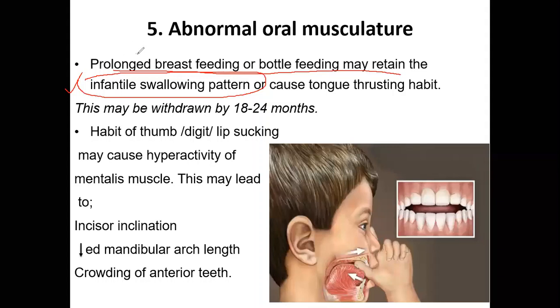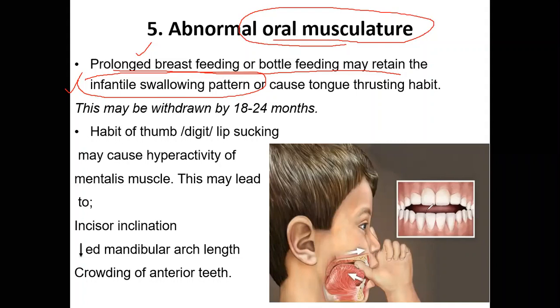The prolonged feeding habit via breast or via bottle will not allow a switch from infantile swallow to the adult swallow. This abnormal swallowing pattern will cause abnormal musculature, and that abnormal muscular activity will lead to malocclusion.